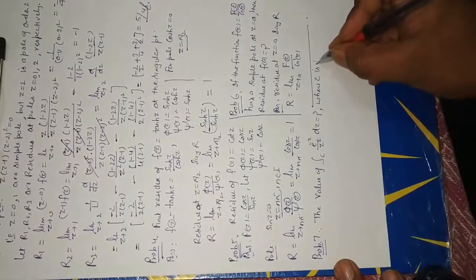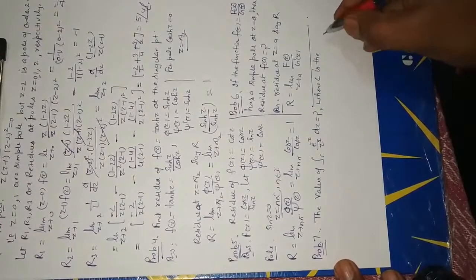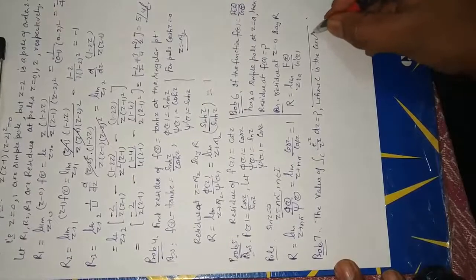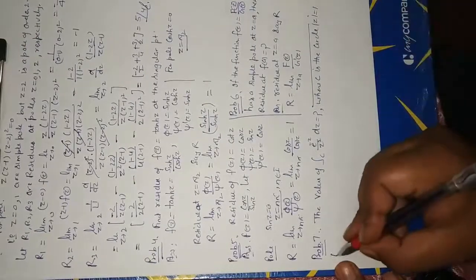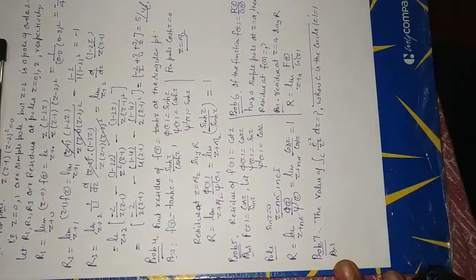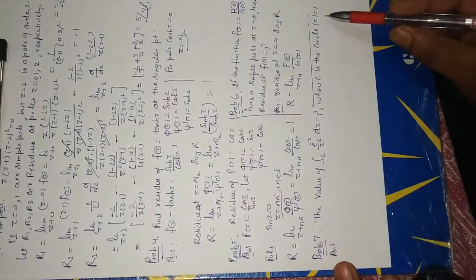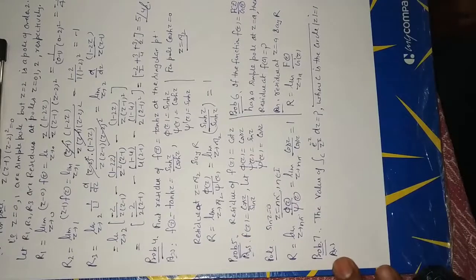C is the circle modulus z is equal to 1. Okay. This is the circle with center origin and radius 1.